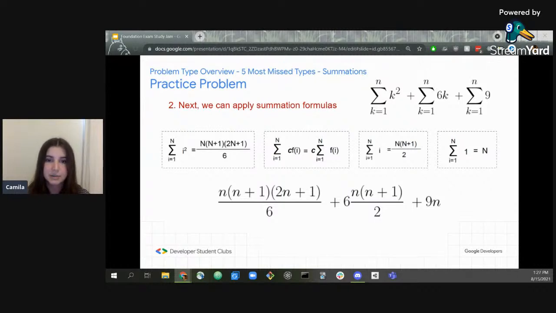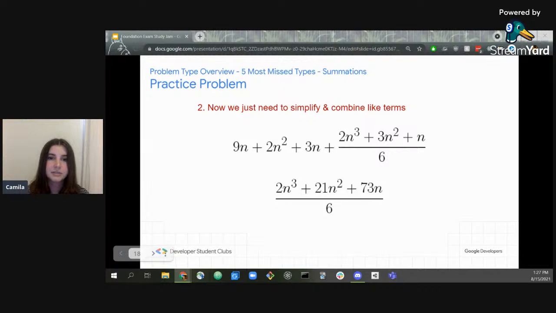Here we can see that we pulled out that 6 in front of the k, and then we continue with the other summation formula just for k. And then lastly, we have just another constant that we multiply by n, so we have 9n for that. Next slide.